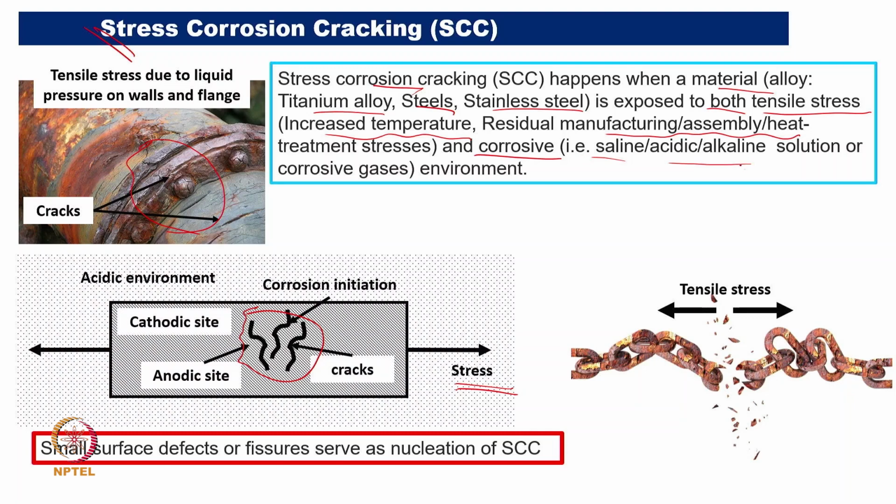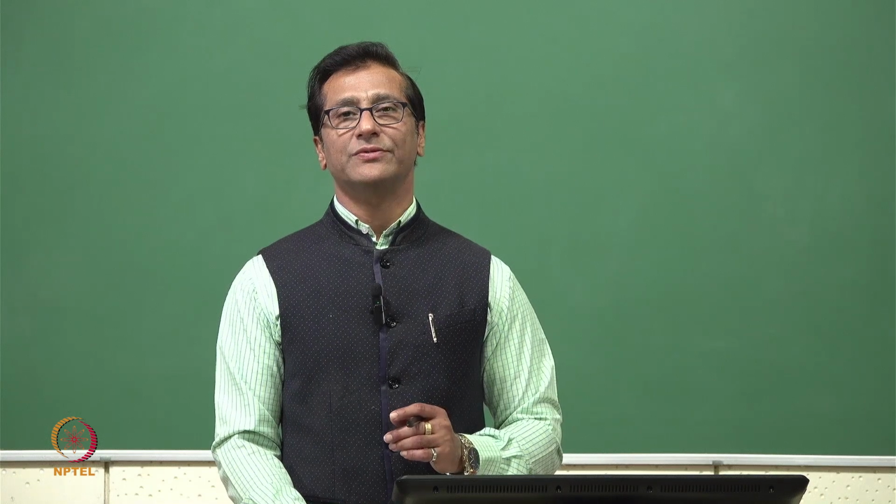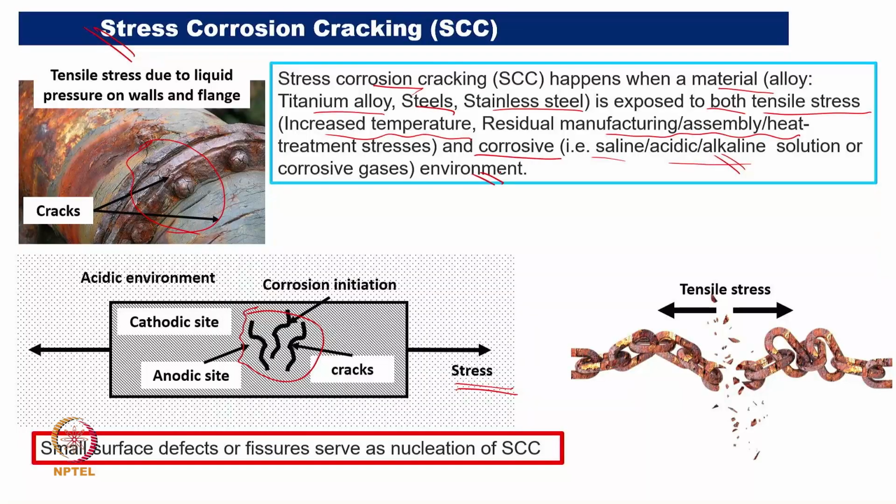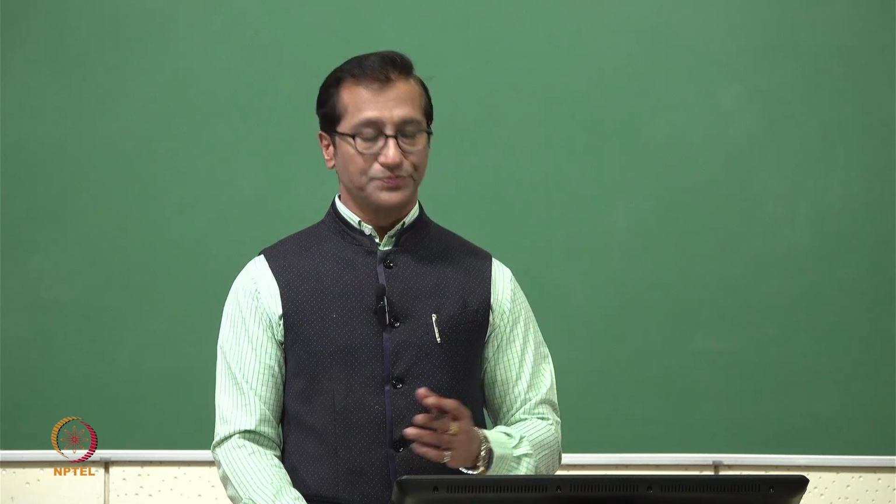Of course, we also understand that alkaline media may not give that kind of problem compared to a saline or acidic corrosive environment. And here the typical case has been shown where the chain which was under tension breaks in between also, because of the corrosion, and the tensile stress is applied in both the places, or maybe it has been applied simultaneously.